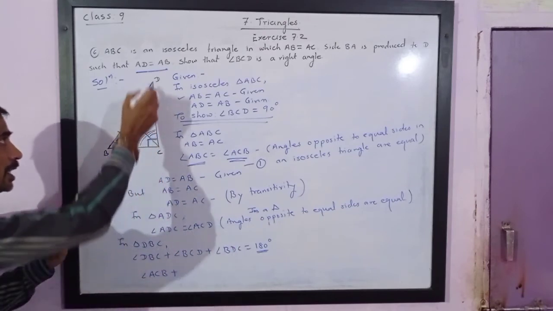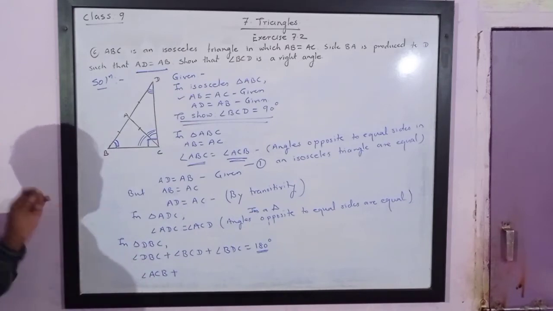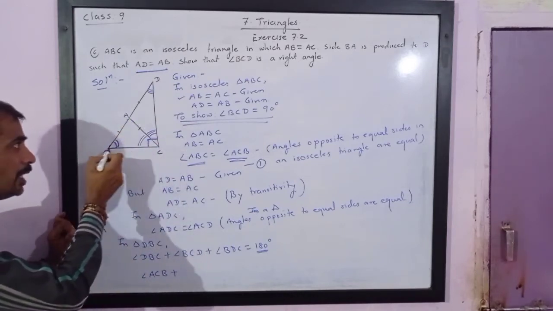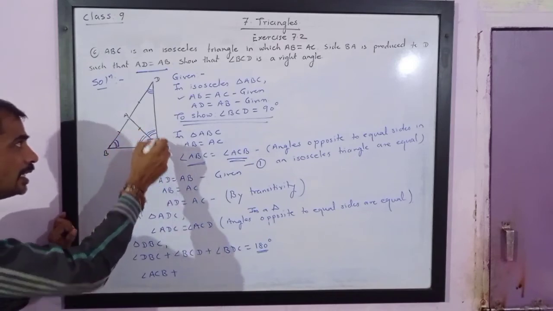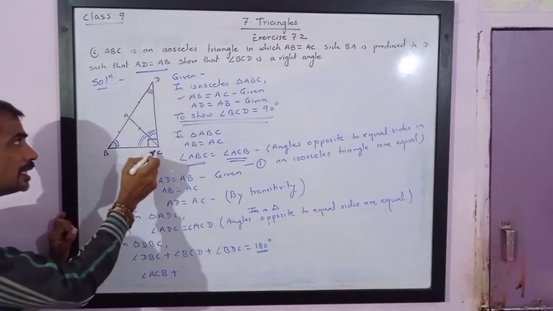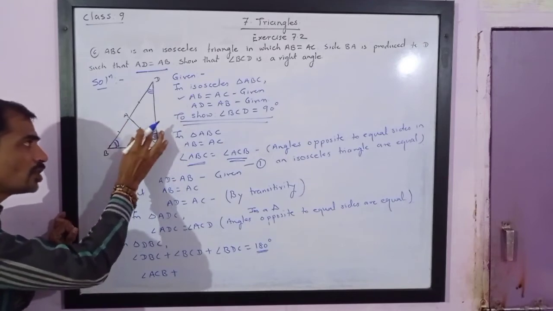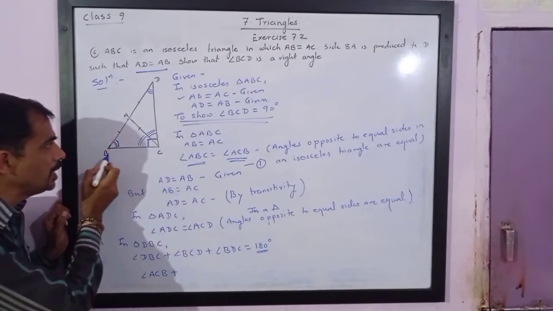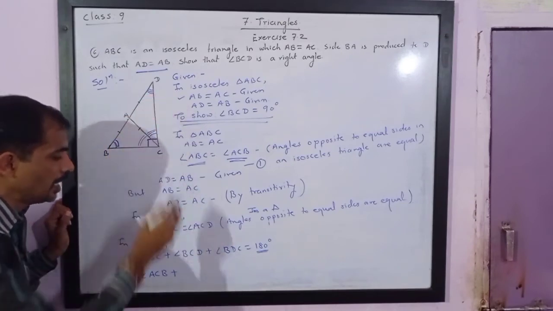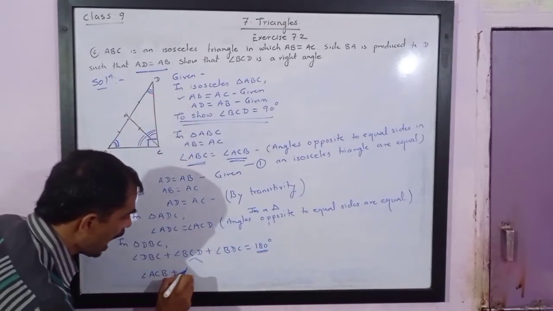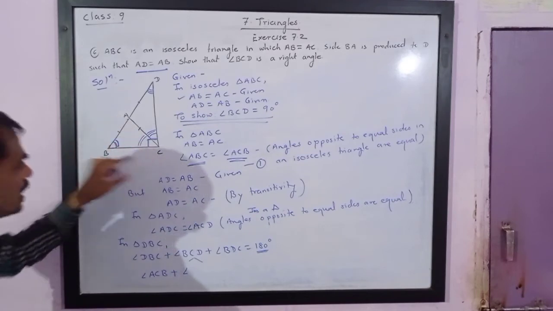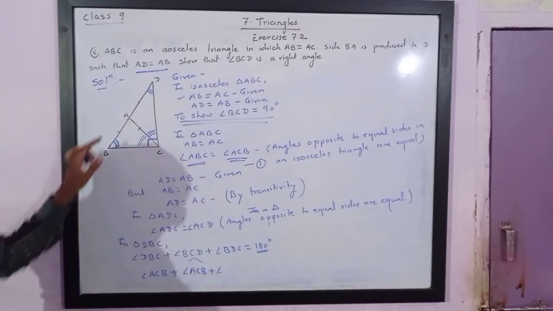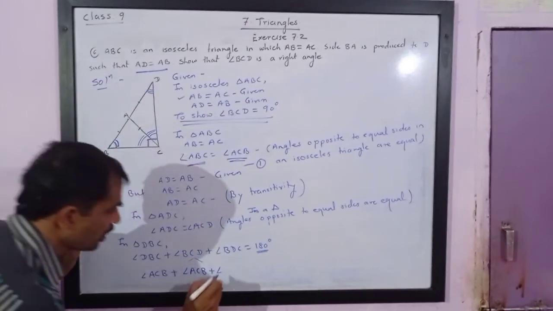BCD is this total angle. So this is equal to angle ACB plus angle ACD. Watch carefully: BCD, the total angle, is equal to the sum of two angles, angle ACB plus angle ACD. So I am splitting this into two parts.